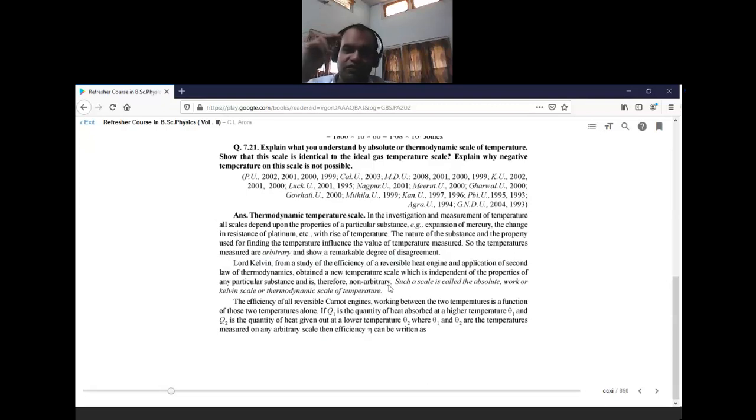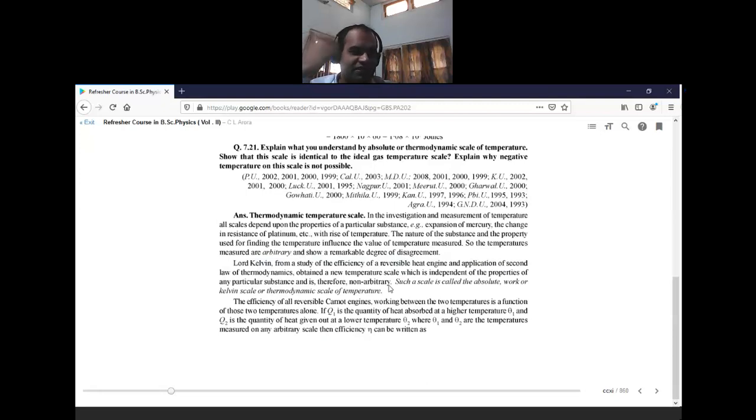The two things are the temperature of the source and the temperature of the sink, or how much heat you are getting from the source and how much heat you are rejecting to the sink. Only on that does the efficiency of the Carnot cycle depend.